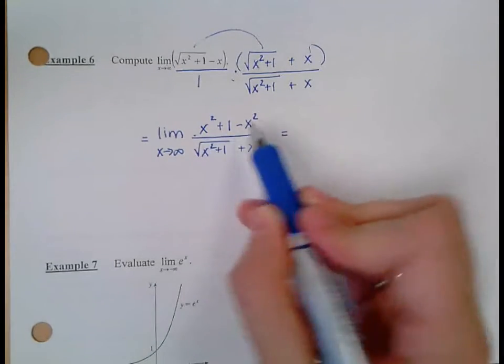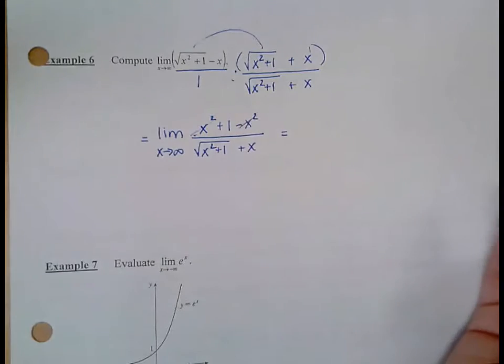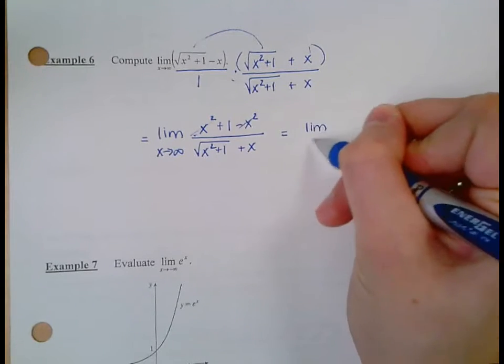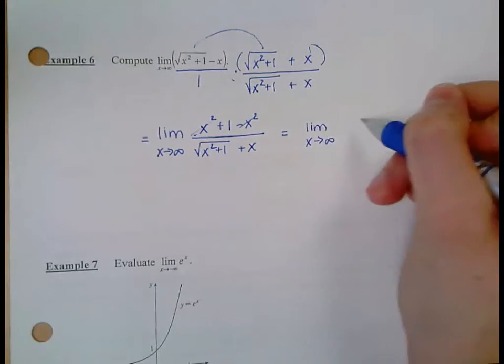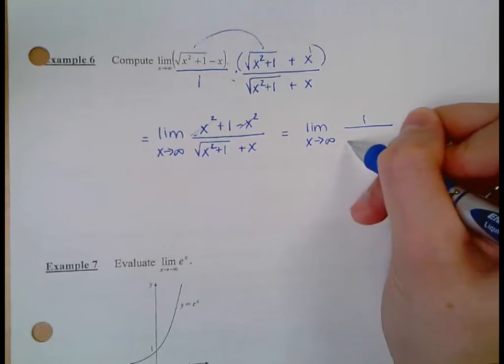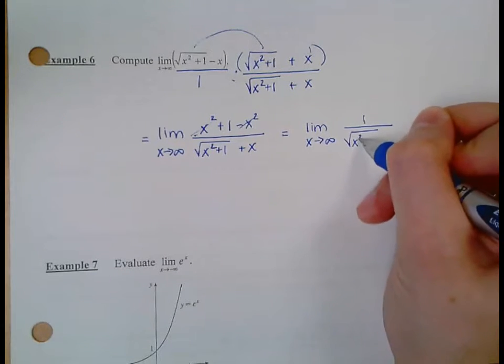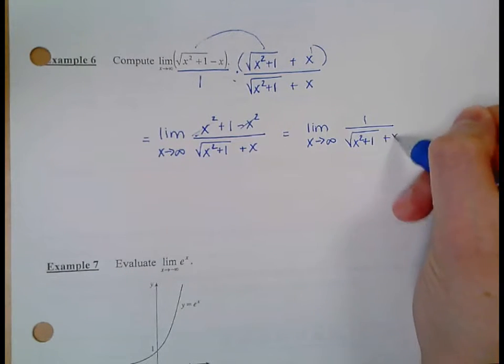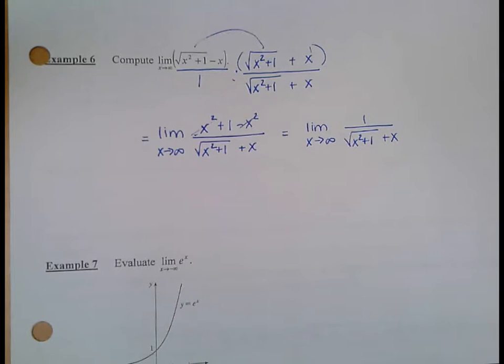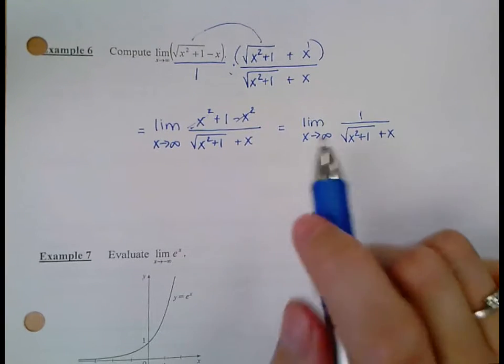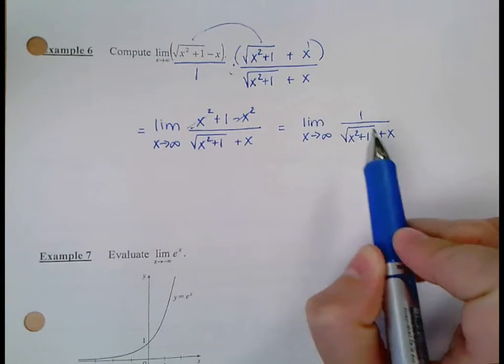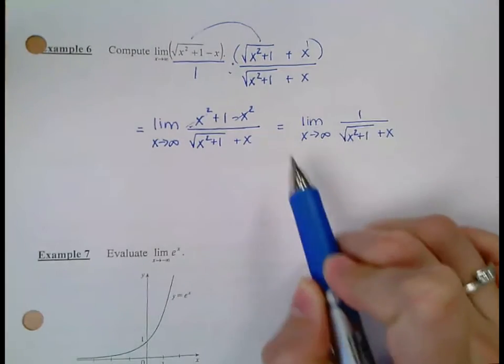So ultimately, on the top, the x squareds cancel out. I just have the limit as x approaches infinity of 1 over the square root of x squared plus 1 plus x. And, well, what do you think the value of this limit is?